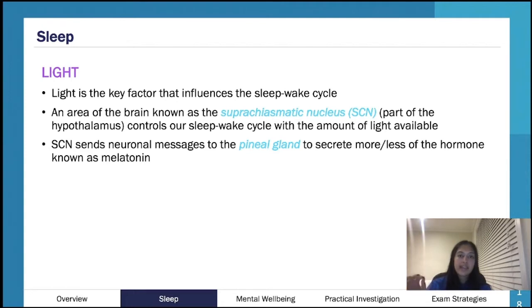The SCN gets input depending on how much light we're seeing, and it sends messages to the pineal gland. A gland is anything that can release hormones, and the pineal gland releases melatonin. If you've looked at the hypothalamus in previous years in science, the suprachiasmatic nucleus is part of it.